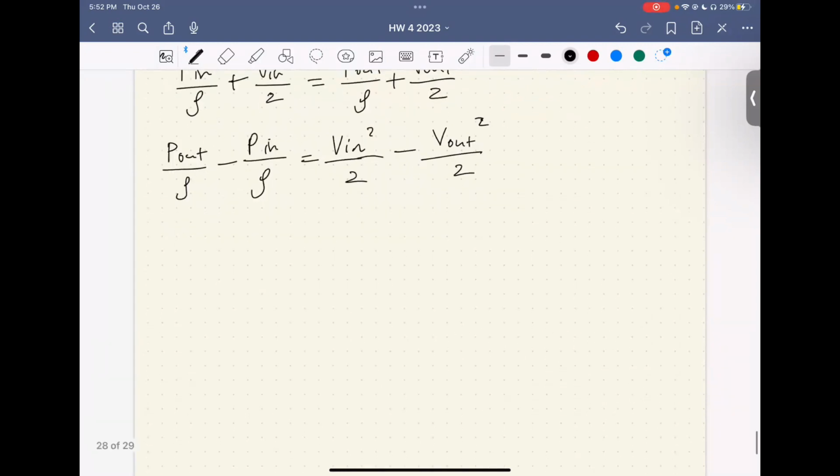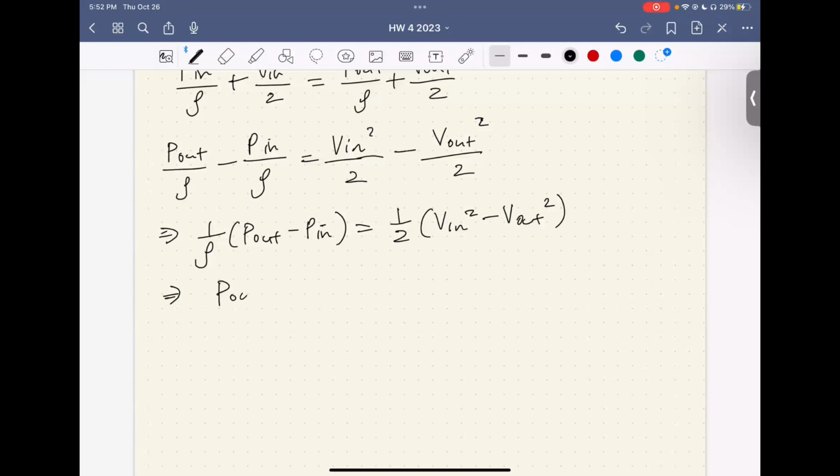Then that simplifies to 1 over rho times P out minus P in is equal to 1/2 times V in squared minus V out squared. And we can move the rho over as well as the P in. So that will give us P out is equal to rho over 2 times V in squared minus V out squared, plus P in, moving that over at the very end.